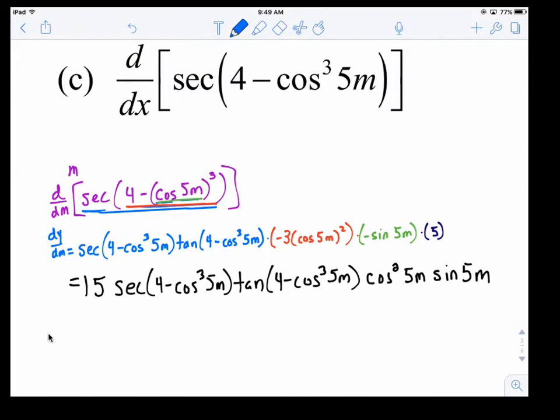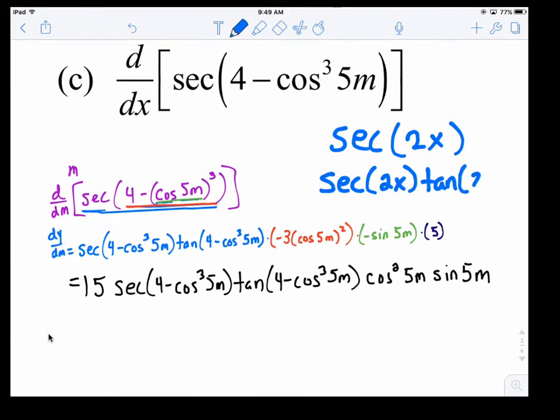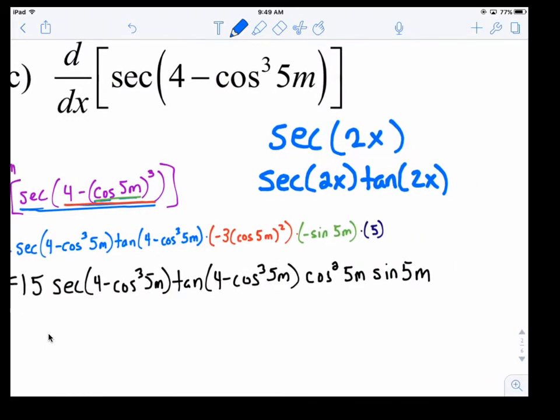So the derivative of this part is here. Anytime you take the derivative of secant of, say, 2x, you have to keep the 2x the same, so it would be secant of 2x tangent of 2x. No matter what is inside, when you take the derivative of this trig function, that has to stay the same for the first part.